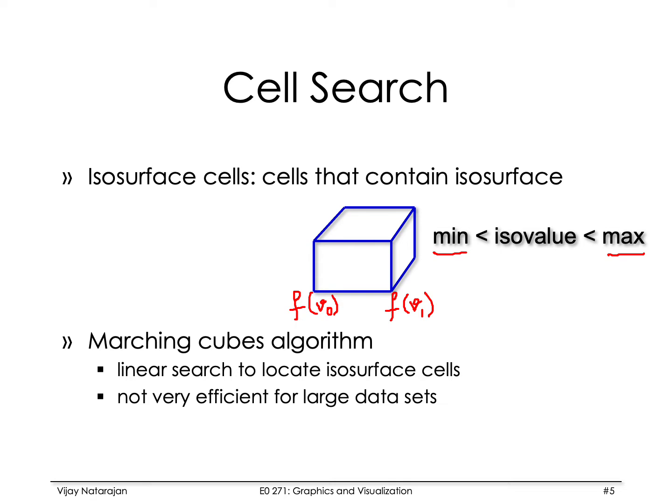If the isovalue lies between the minimum of all f of v sub i's among these 8 vertices and the max of all f of v sub i's, then we know that the cell contains the isosurface.